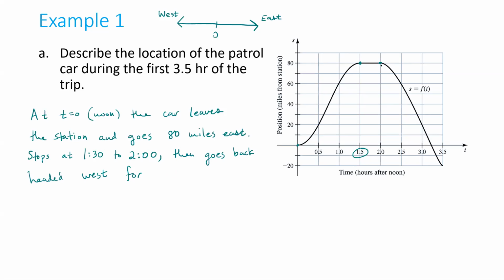And it looks like he's going west for the next hour and a half, right? So 1.5 hours. So notice that he actually passes the station, right? Because he passes the position at 0 and goes 20 miles past the station.